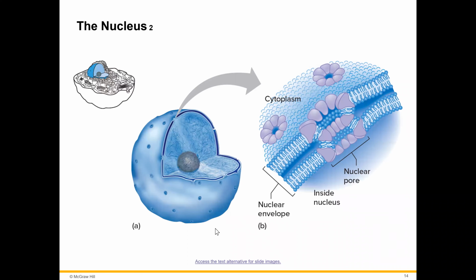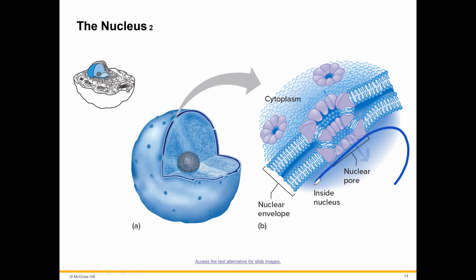So here we can see a cell over here, right? And the most prominent organelle is the nucleus. So the nucleus itself has a nuclear envelope. It's a double membrane with nuclear pores that allow molecules to move in and out.